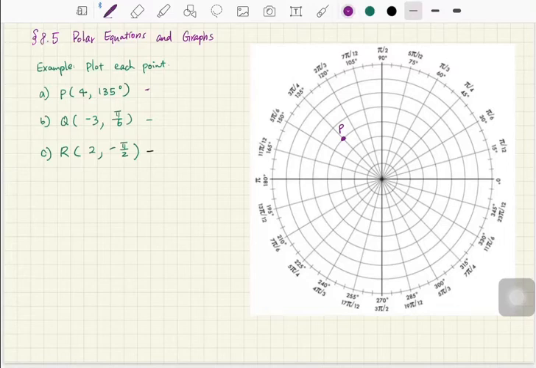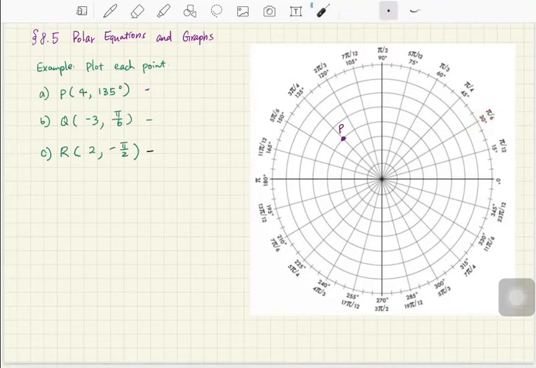Okay, so for the second one, we're talking about Q, which has radius -3 and angle pi over 6. Let's find the angle first, because we cannot talk about a negative radius right now. So let's talk about the angle pi over 6 first. Pi over 6 is here on the polar axis.